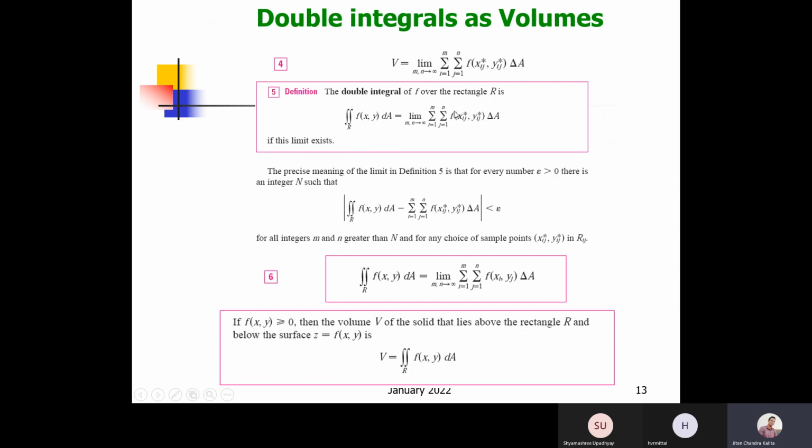Let me tell you that if this limit exists, then we say that the given function is integrable over the region R. The precise meaning of this limit is that for every number epsilon greater than 0, there exists an integer N such that the absolute value of the difference between this definite integral and the sum is strictly less than epsilon for all integers m and n greater than N, and for any choice of sample points xij star, yij star.